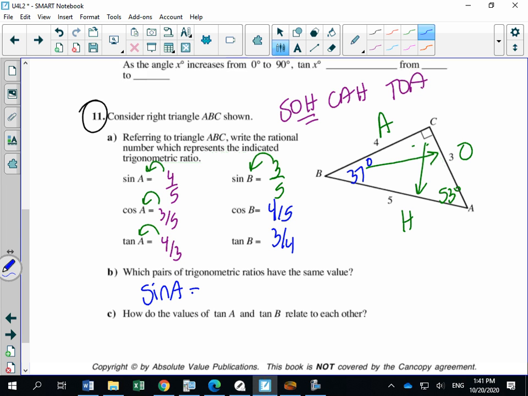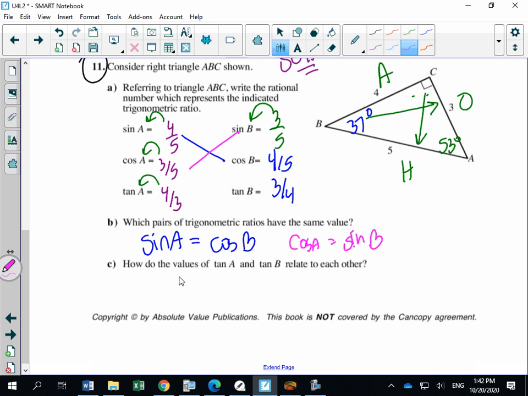Sine of A is equal to cos of B. Yep, these two are equal. Is there another one that's equal? What is it? Cos of A is equal to which one? Sine of B.